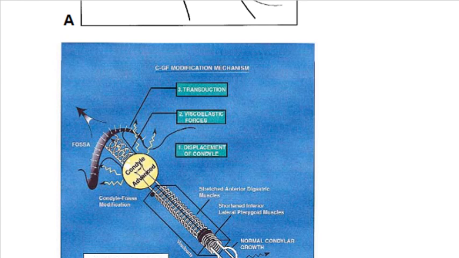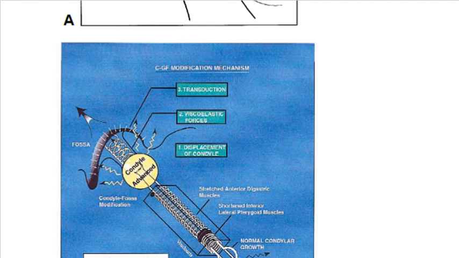One is the actual displacement of the condyle because of the appliance. Second are the viscoelastic forces occurring due to the stretch of the pull of the muscles away from the glenoid fossa. And third is transduction, where new bone formation occurs on the glenoid fossa to accommodate the demand it is subjected to because of the displacement of the condyle.